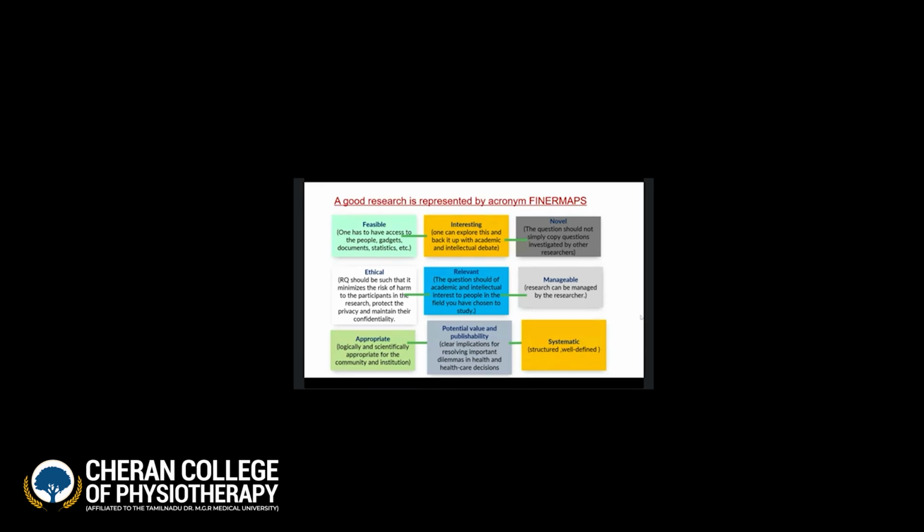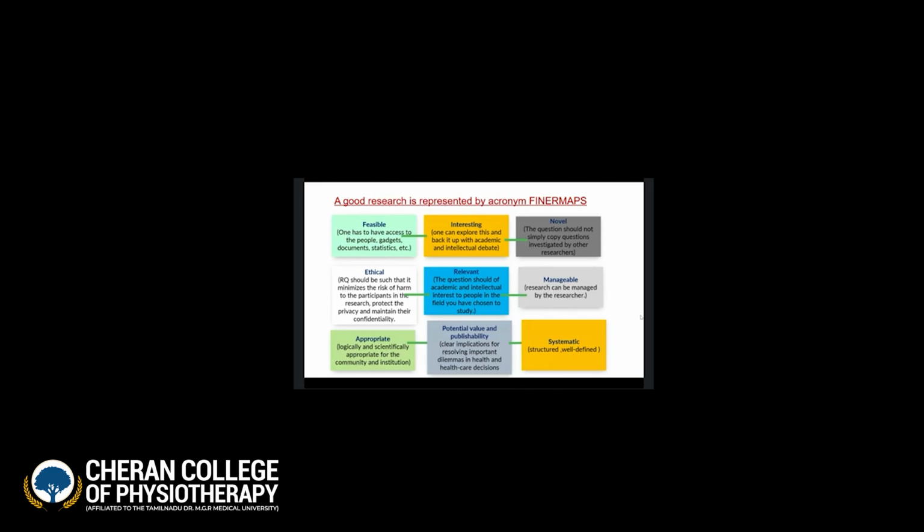F stands for feasible, I stands for interesting, N stands for novel, E stands for ethical, R stands for relevant, M stands for manageable, A stands for appropriate, P stands for potential value and publishability, and S stands for systematic.